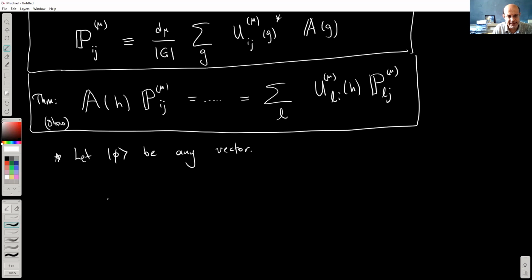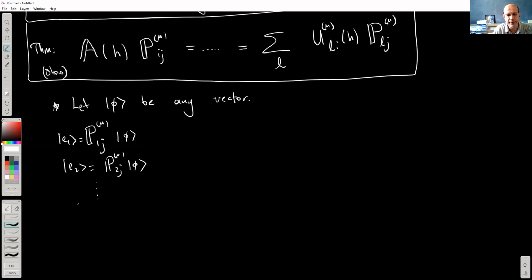So in that case, the set P^mu_1j applied on phi. Let me write it down like that. Let's define e_1 like this, e_2 as P^mu_2j applied on phi, and so on. You just define these d_mu vectors here.